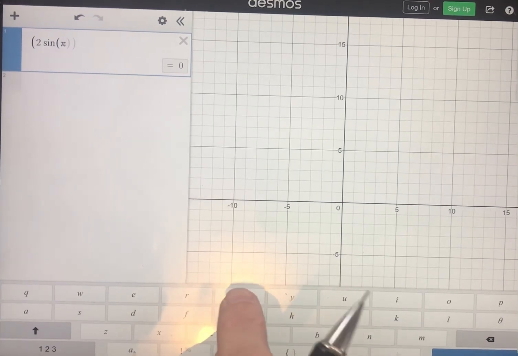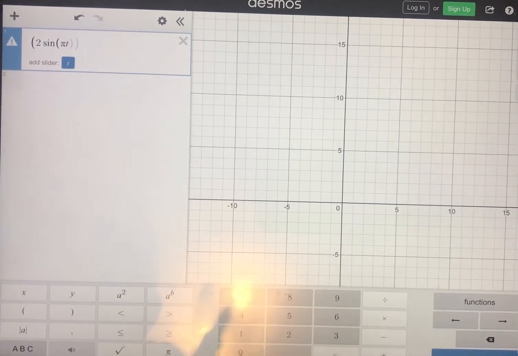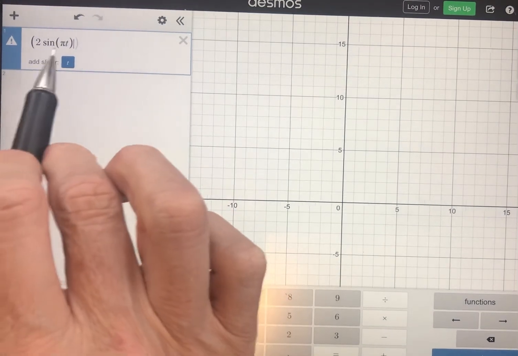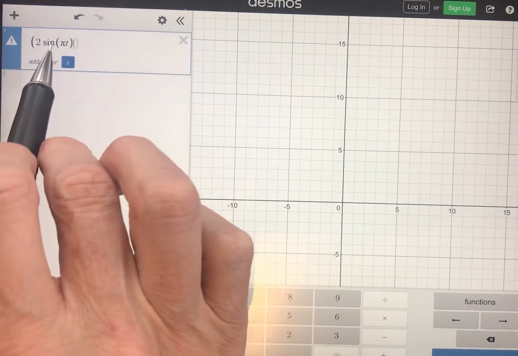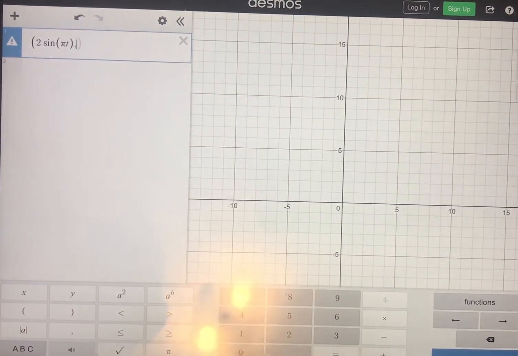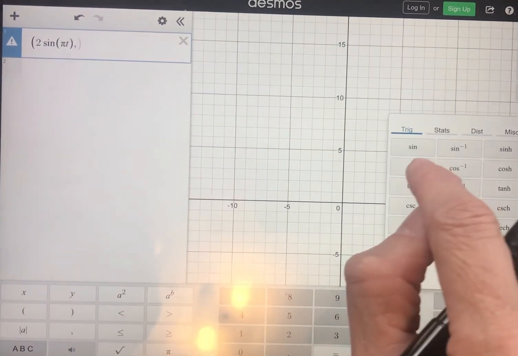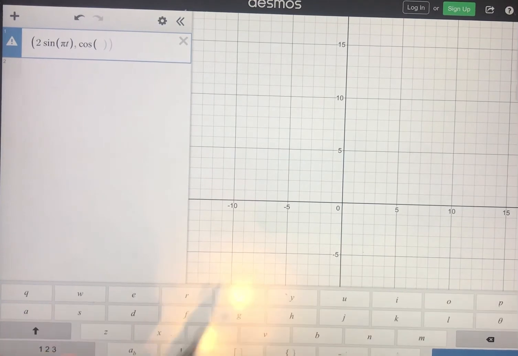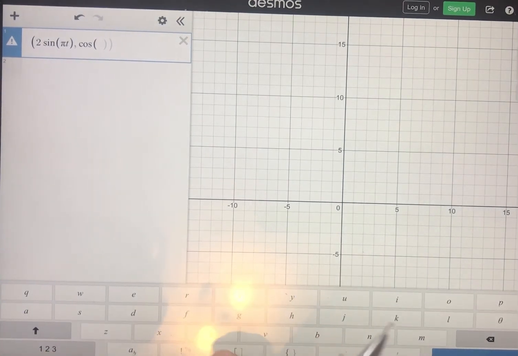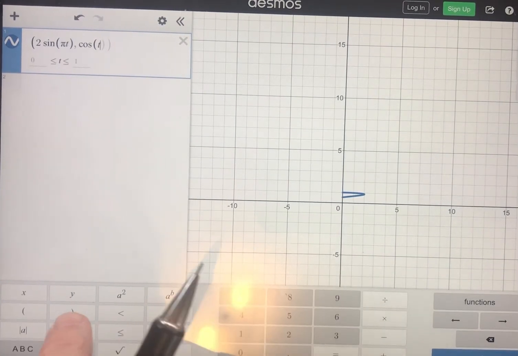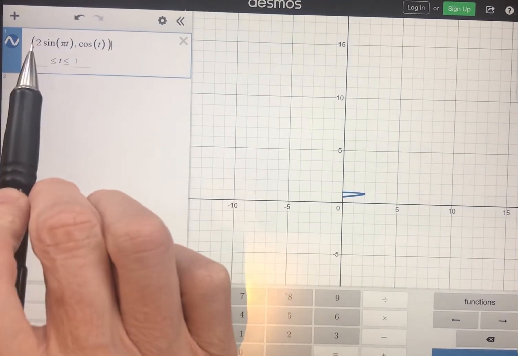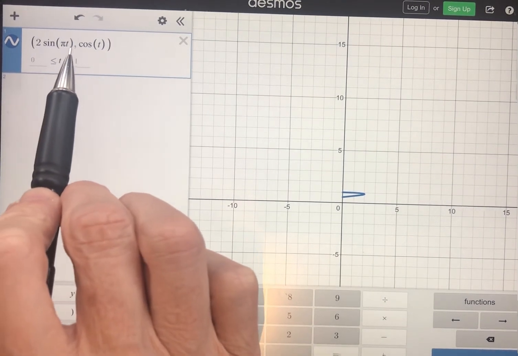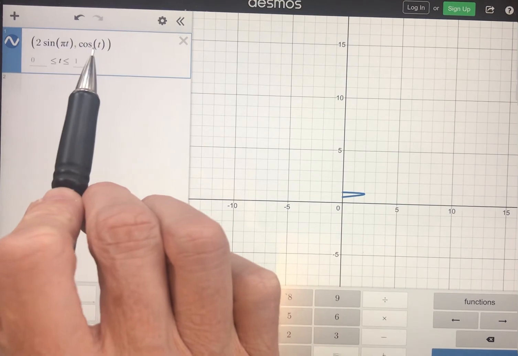I'll close up what we're taking the sine of, and put a comma in there. And the y-coordinate is the cosine of t. Then I'll close up both parentheses. So the x-coordinate, 2 sine pi t, comma, the y-coordinate, cosine of t.